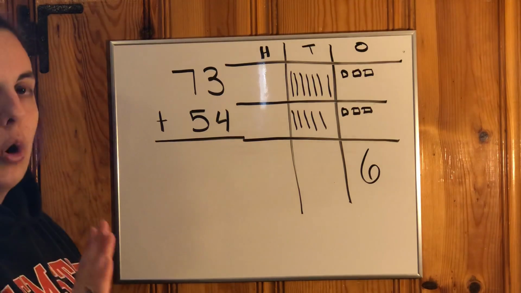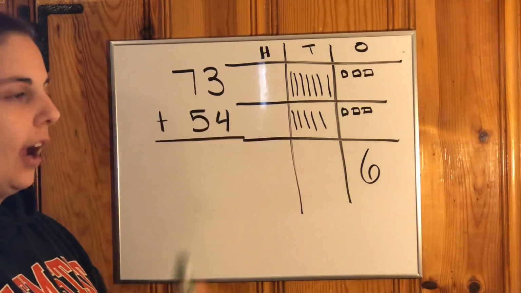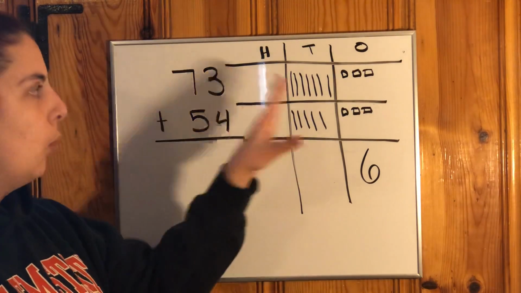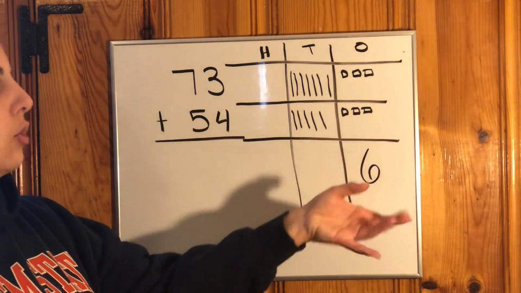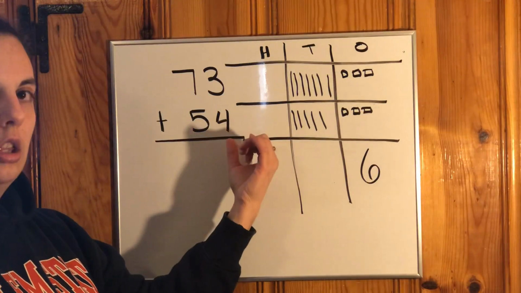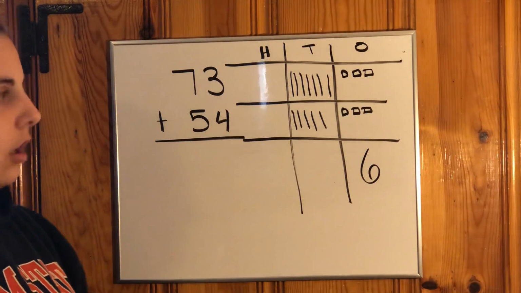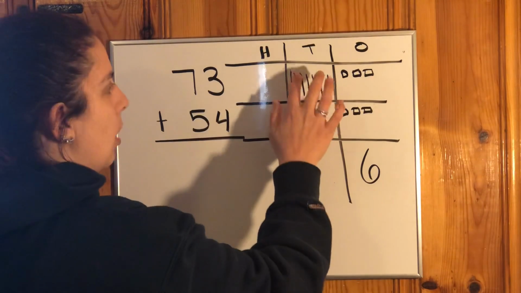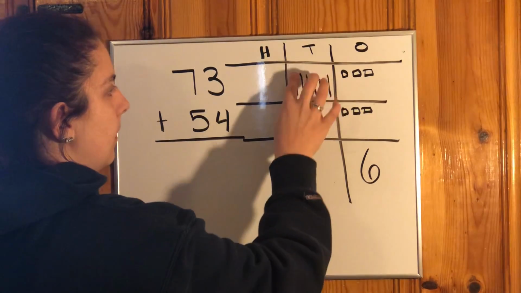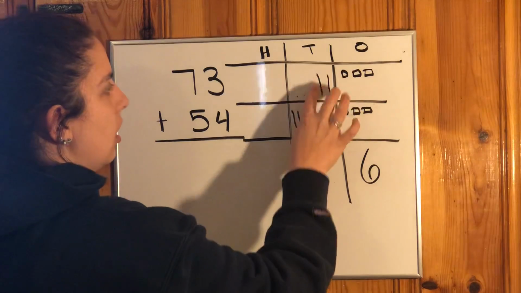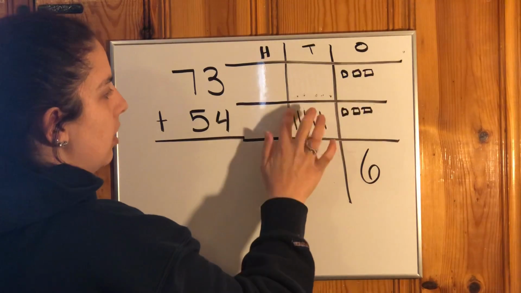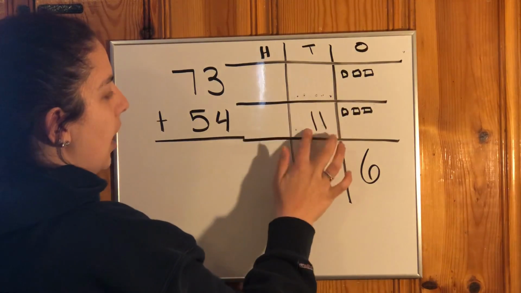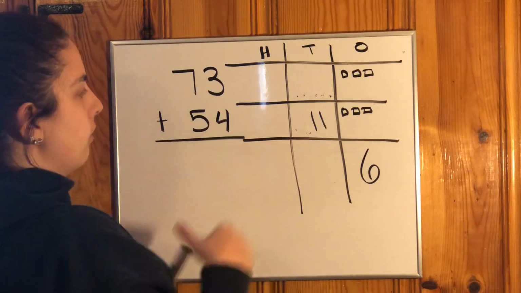If there's more than 10 tens, we have to take 10 of them away and trade them in for a hundreds flat. So I'm going to take out 10 of my tens, because 10 tens makes 100. That's 7, 8, 9, 10. And I'm trading it in for a hundreds flat.